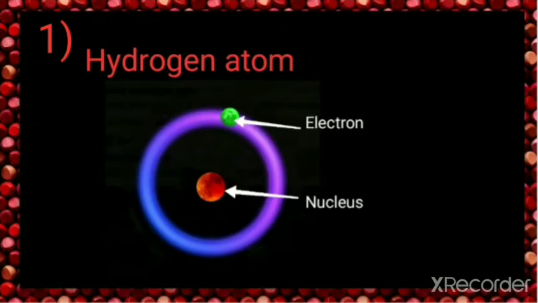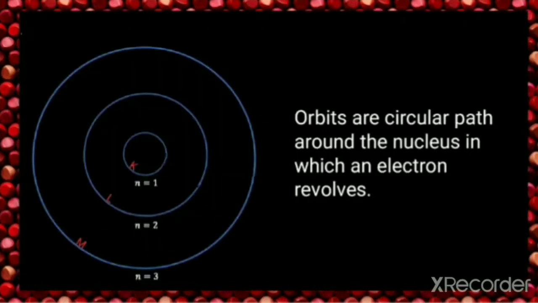According to this model, hydrogen consists of a single electron which revolves around the nucleus in a definite path, which is called orbits or shells. Orbits are defined as the circular path around the nucleus in which an electron revolves.